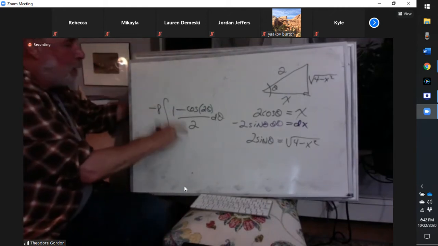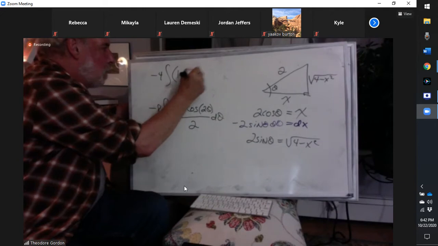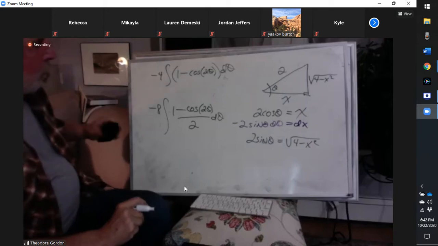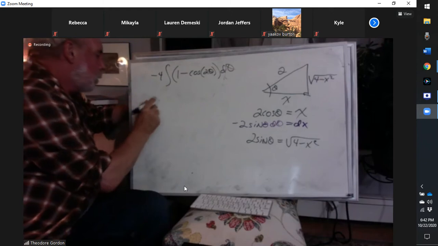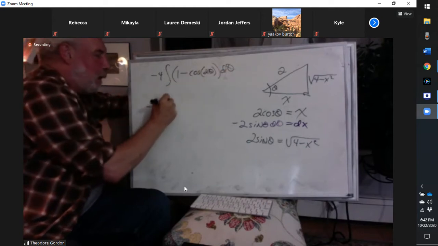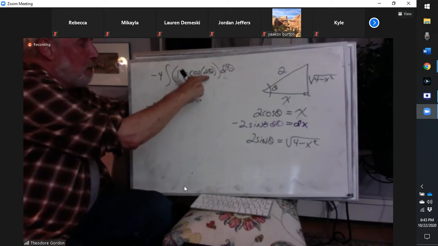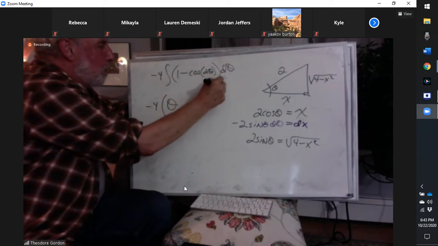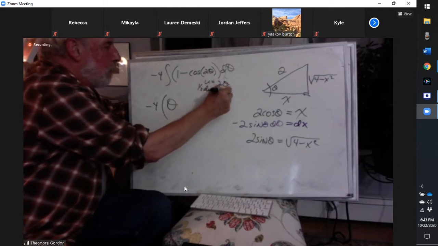All right, -8 divided by 2 is -4. That leaves us with 1 minus cosine of 2 theta d theta. So now we integrate. The integral of 1 with respect to theta is theta. This is a little tiny u sub here. So u is equal to 2 theta, and 1/2 du is equal to d theta.